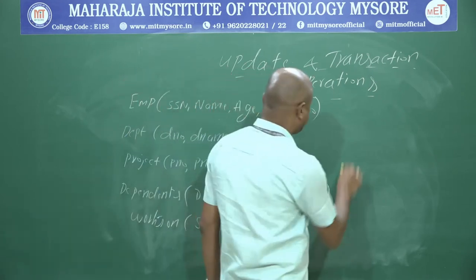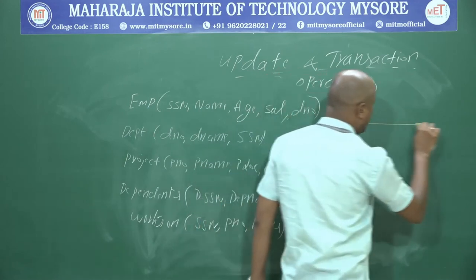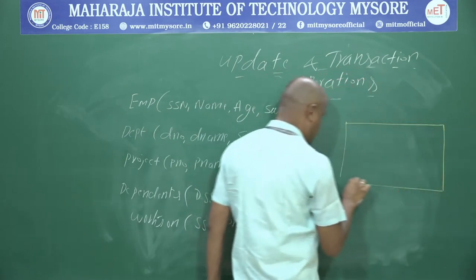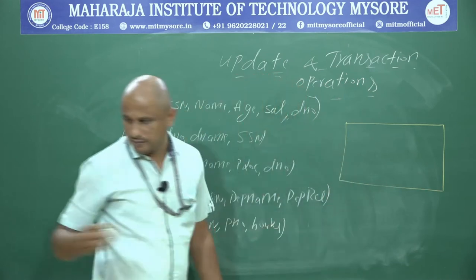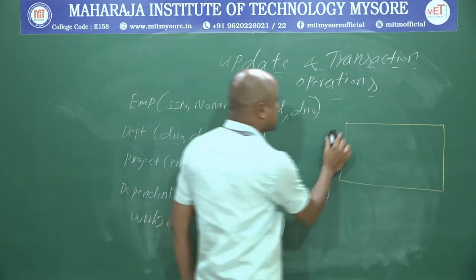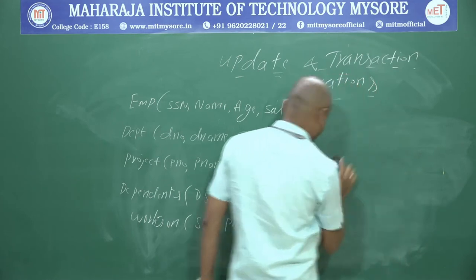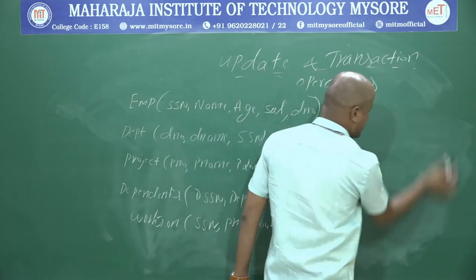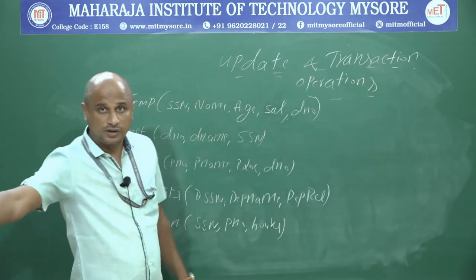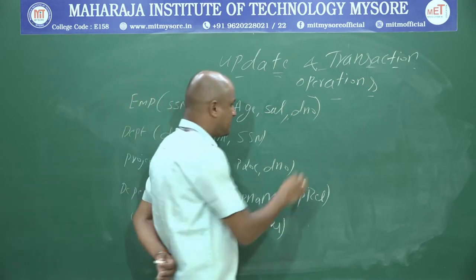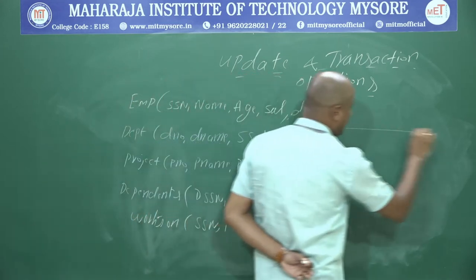Okay, so now I'll take one table that I can use with a little broader scope, so that we can insert some more values. The table for the employee database will be like this.